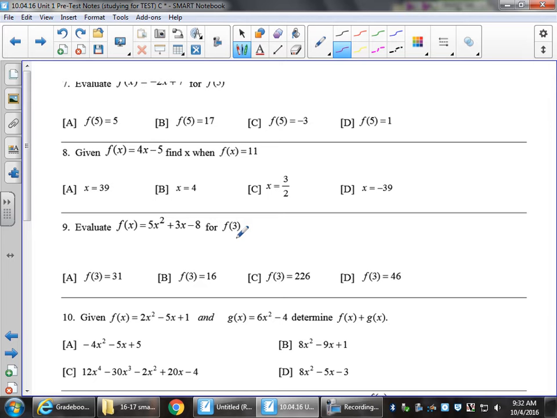Number 7, evaluate. F of x equals, mine's cut off, let's see, -2x plus 7 for f of 5. Is that giving you a value for x or for y? Giving you an x value. So how do I find that? What do I write? Good.